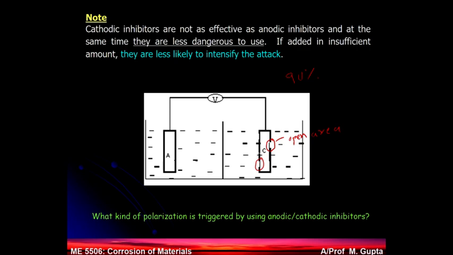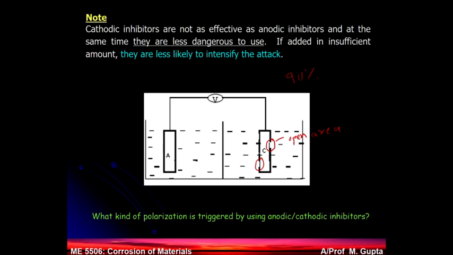Copper is cathode, steel is anode. Cathodic reactions are limited, so the anodic reaction will automatically get limited. Is it clear to everyone? So the rate of wet corrosion is always controlled by the cathodic reaction.